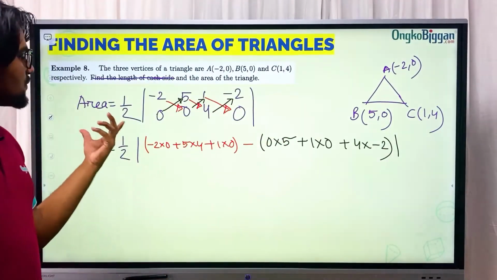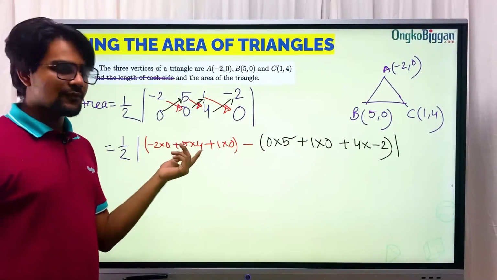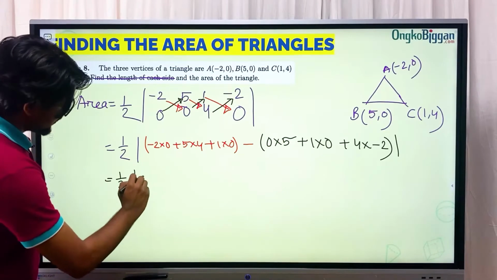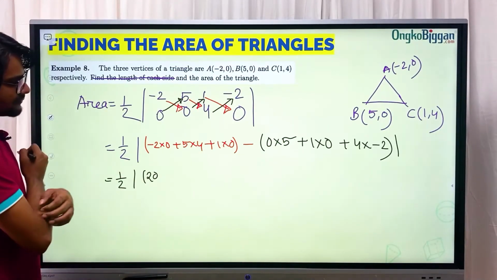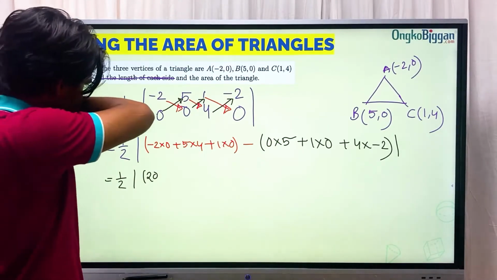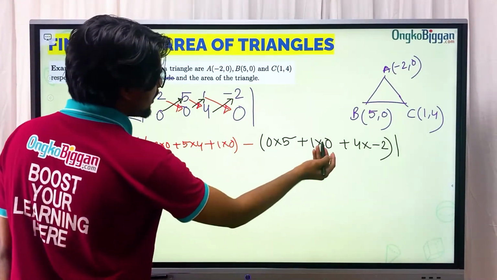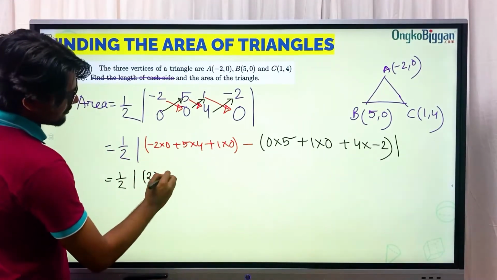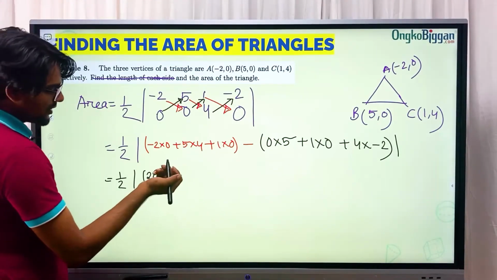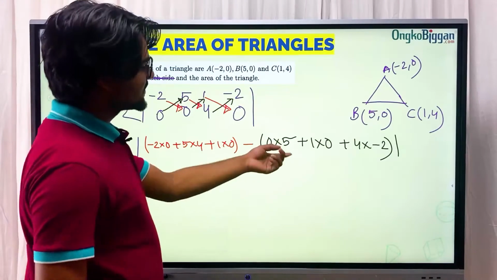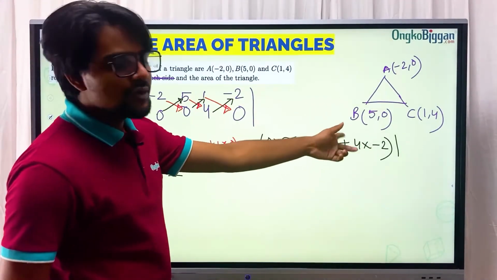So -2 into 0 will be 0. 5 into 4 will be 20. So half of 20, 20 plus 0, so we don't need to write it. So 20 minus 0 and 0, and it will be 4 into -2.